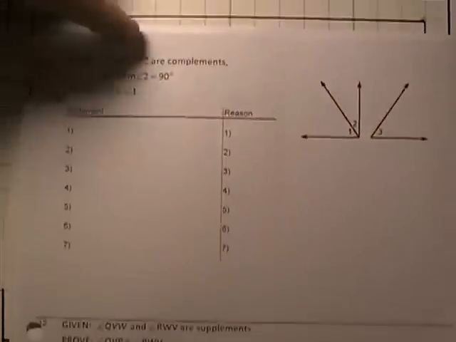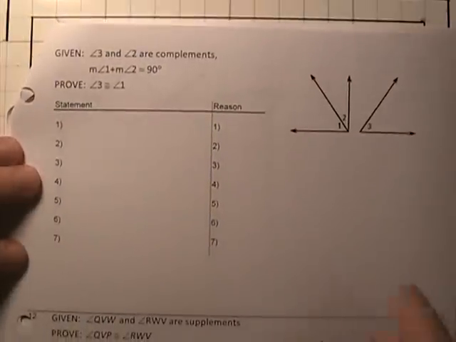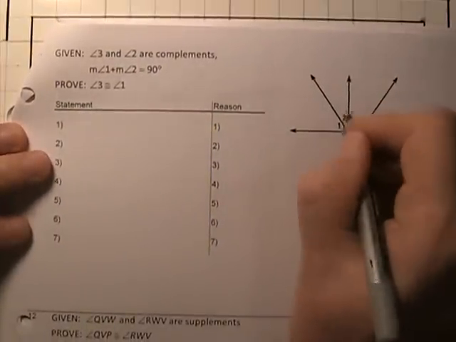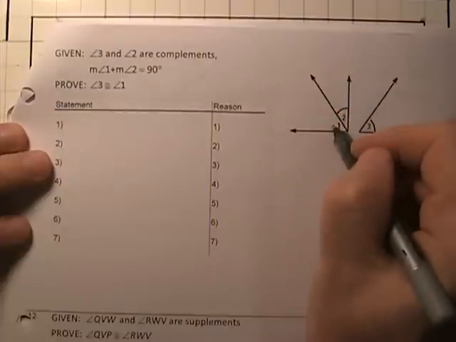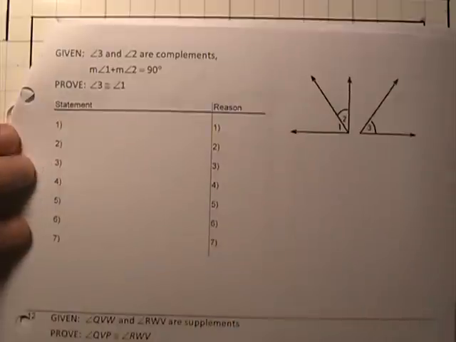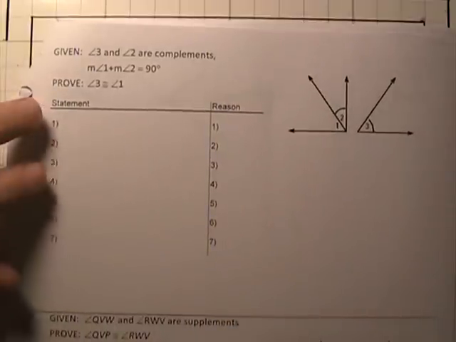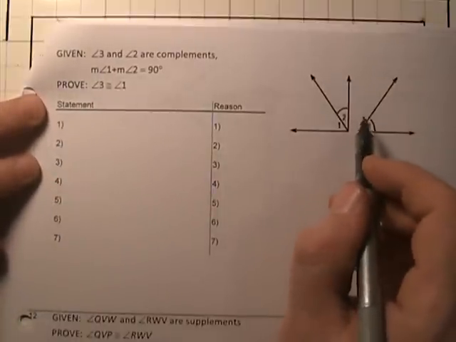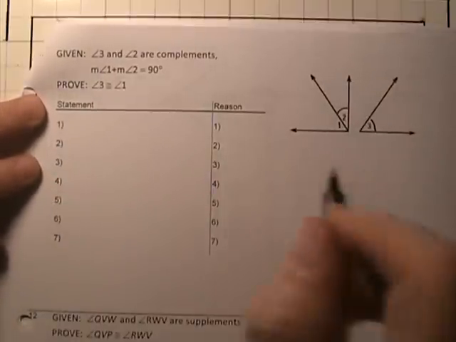Okay, number 11, we're given that 3 and 2 are complements. So angle 3 and angle 2 are complements, and 1 and 2 add up to 90. Okay, and they want us to show that 1 and 3 are congruent. Well, it looks like 1 and 2 are also complements.